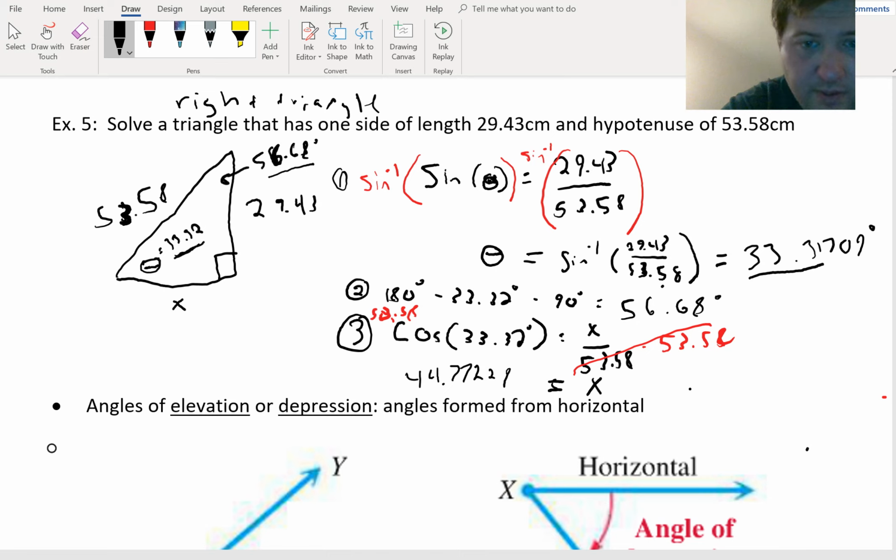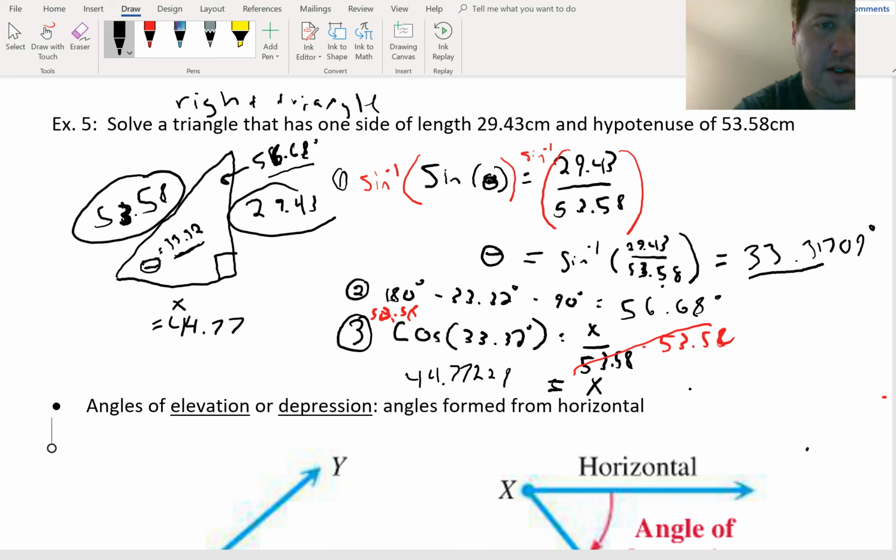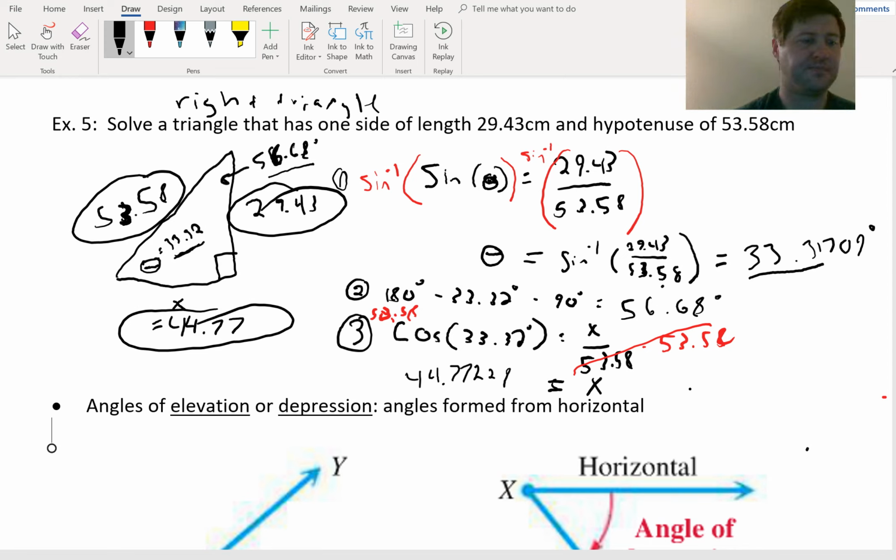Looking at the next number, this 2, that's less than 5, so we don't need to round our 7 up. We just leave it as a 7. So our answer here for this side is 44.77. Now we have all 3 sides, 1, 2, 3, and we have our 3 angles. So we have officially solved this right triangle.